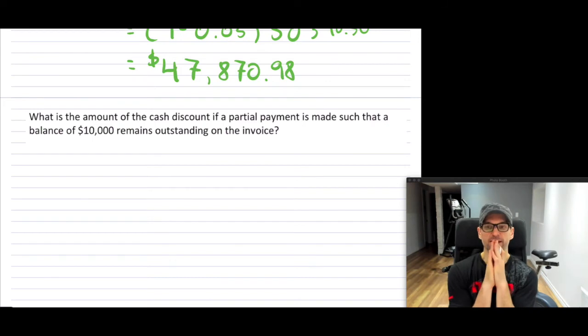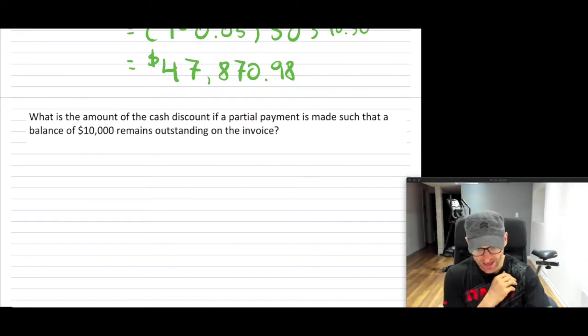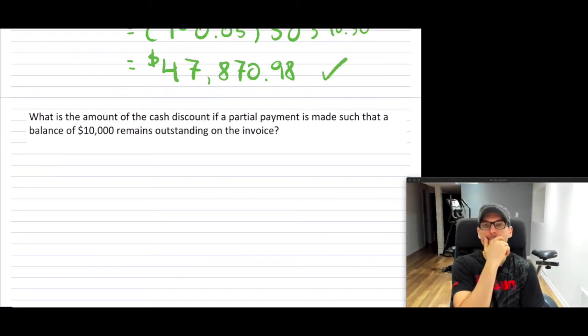Let's try to explain this, okay? Now, sure, we would like to take advantage of a cash discount right here and just pay that much, get 5% off. But what if you didn't have the money to pay the entire thing? Maybe you had something left over.